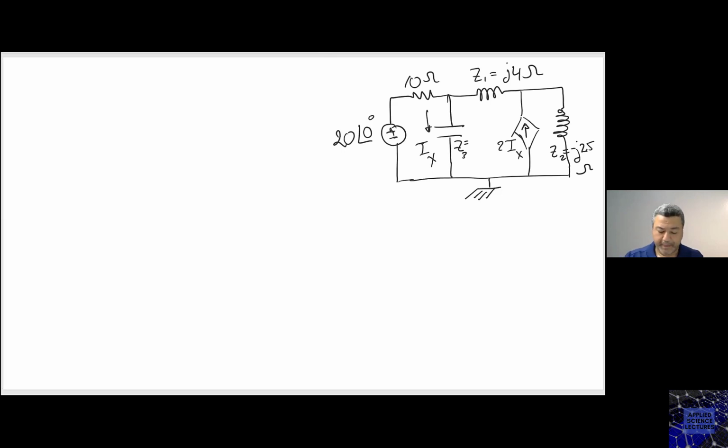Okay, now I will define my nodes, what I did earlier.